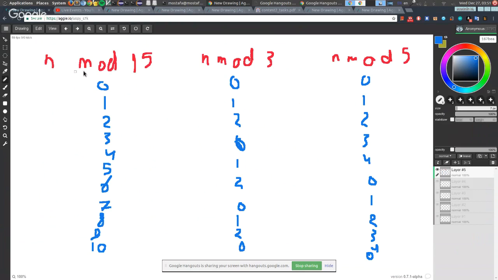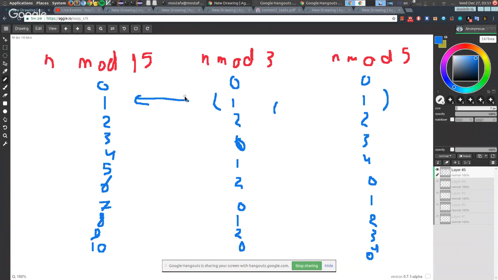So when this value is equal to 14, then we start to have repetition again from 0, 0.